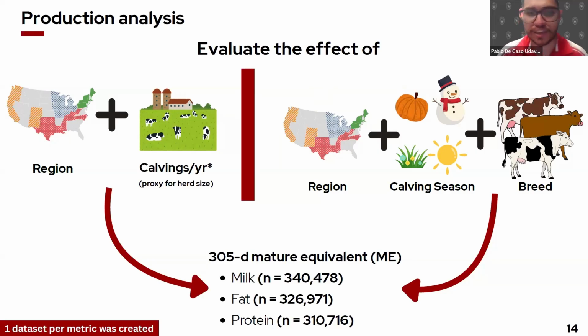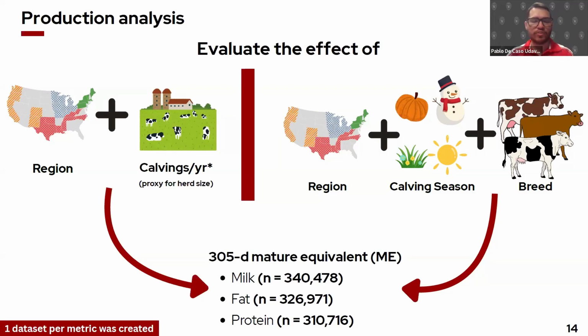And we chose the standardized 305-day mature equivalent for a simple reason: the calculation of this metric considers different breeds, different regions, and also the herd mates occurring with those very same herds. It gives an estimate of, for example, if we're talking about a first parity cow or a second parity cow, and that cow eventually leaves the herd, what her production would have been if she had stayed in that herd until she reached maturity.